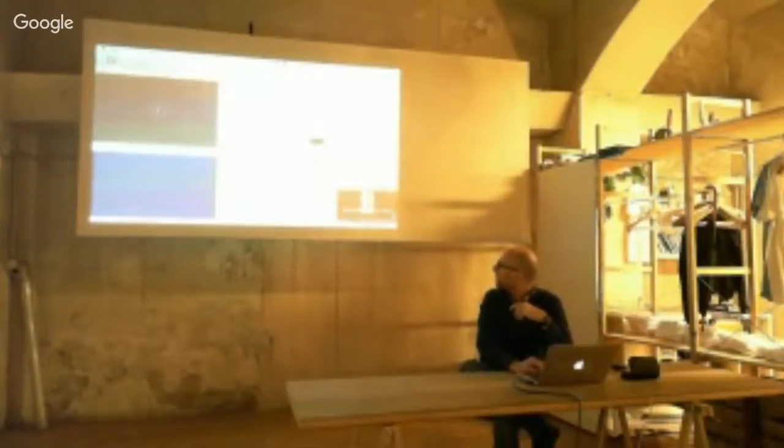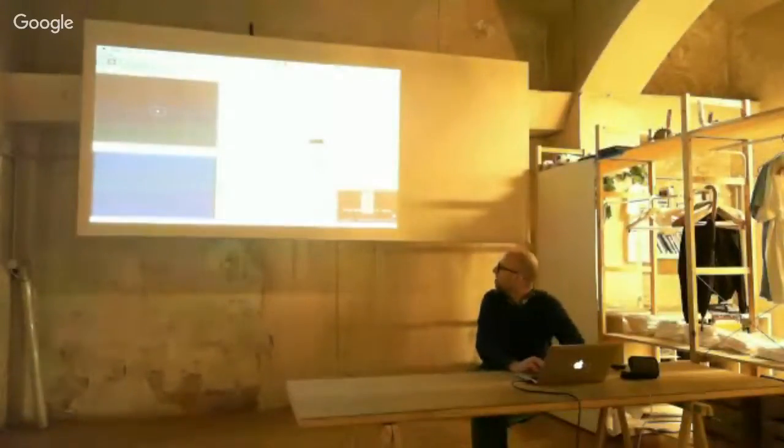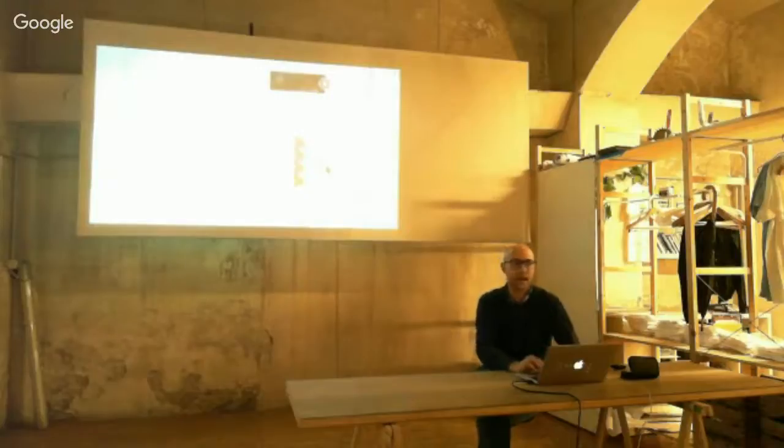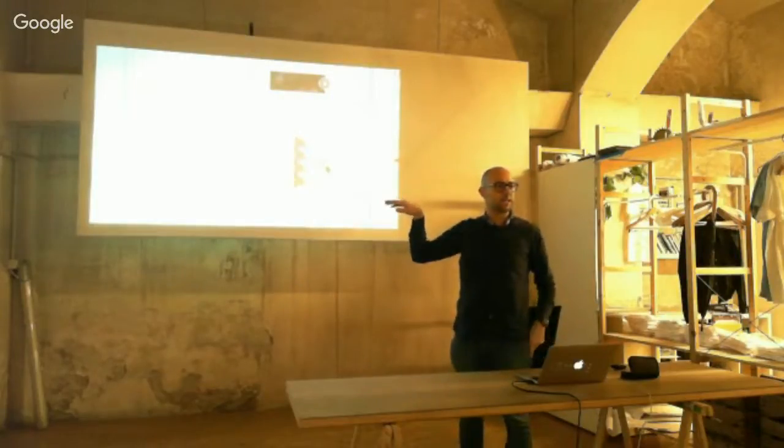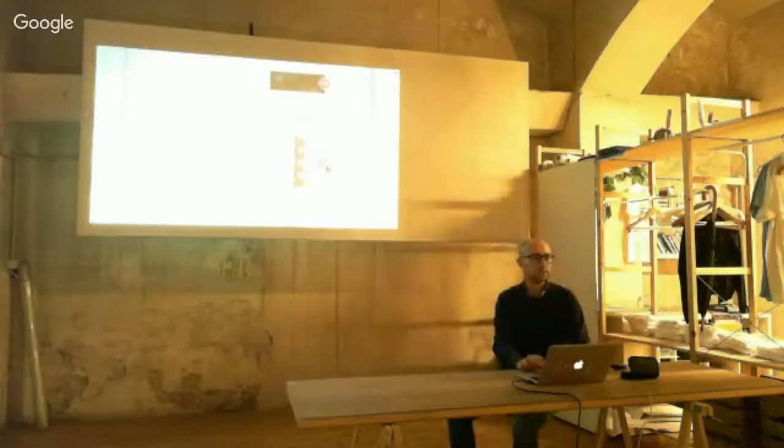So what happens here? If I click on this small arrow close to the sprite, are you all here? Someone is stuck. Or not? Everyone is here? One second, please.